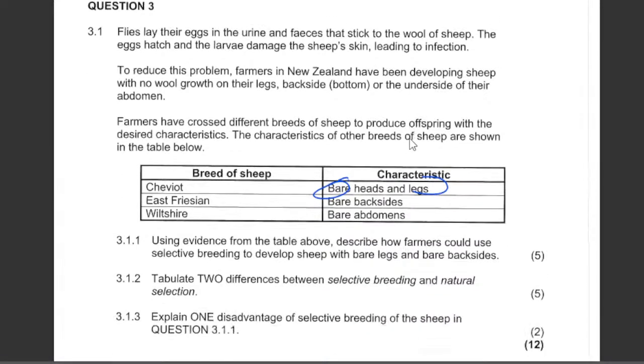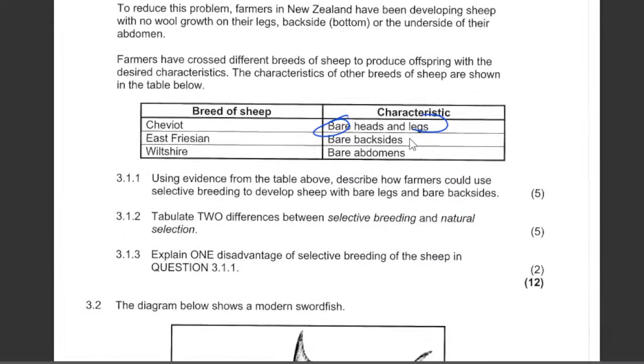Yes, he said it here, use the evidence to describe how the farmer could use selective breeding to develop the sheep with bare legs. You see, bare legs. And then backside, bare backside, not abdomen.